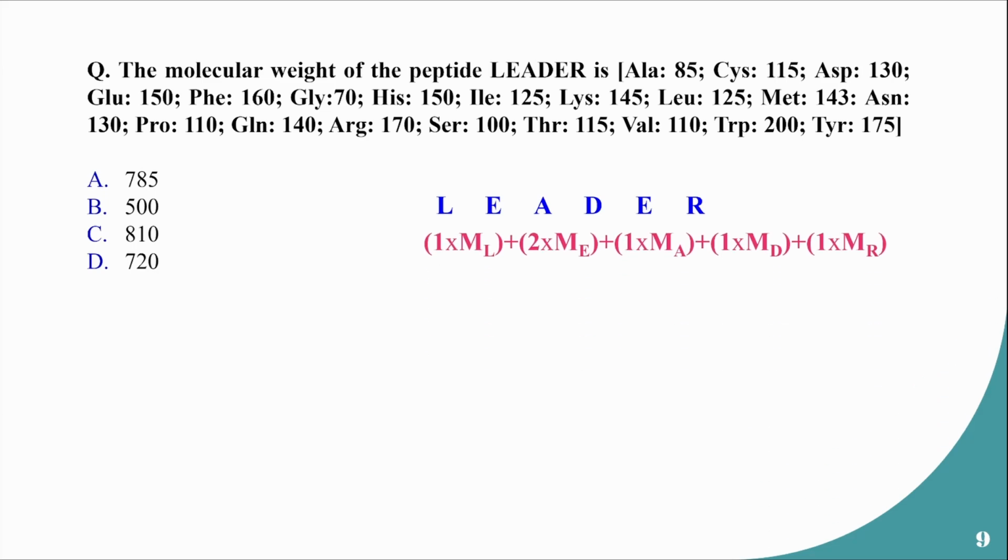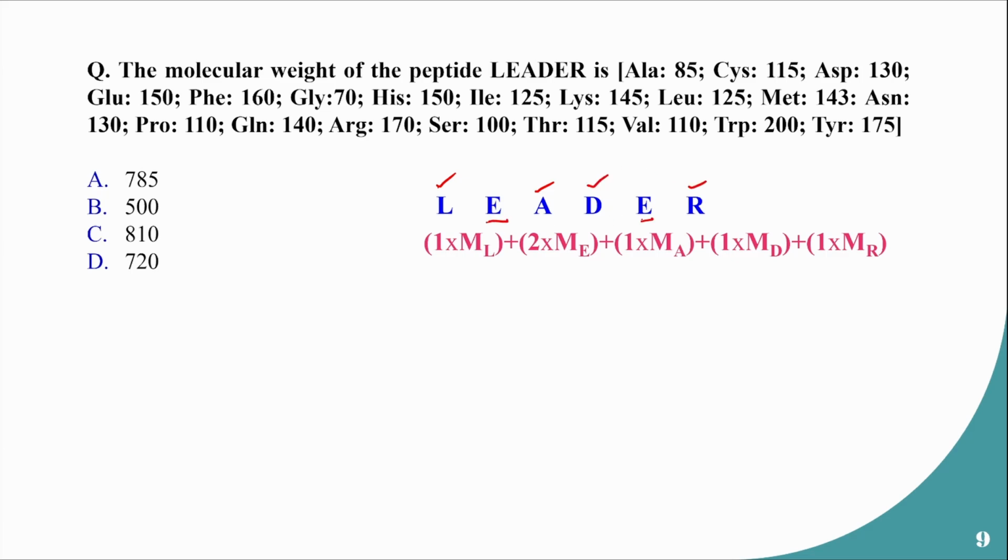Here, if you add up all of the molecular weights, you notice that E is present two times, right? Glutamic acid is present two times, and each other amino acid is present only one time. For example, L is one time, A is one time, D is one time, R is one time, and E is present two times, right?